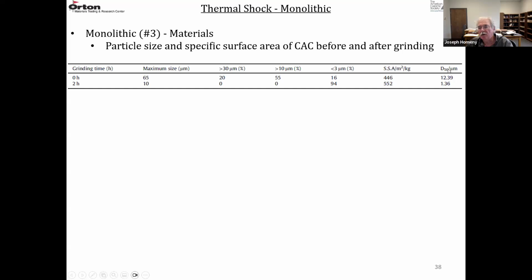And the mean particle size in microns was about 12. And then after grinding for 2 hours, the maximum size was reduced to 10 microns. There was nothing over 30, nothing over 10. 94% was less than 3 microns. The surface area went up to 552. And then the average particle size was down from 12 to 1. So much finer material.